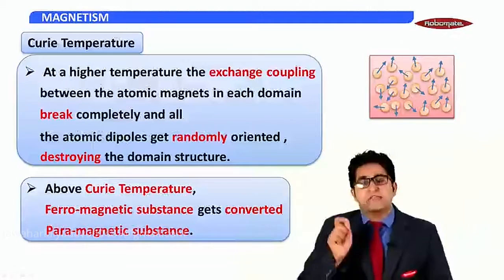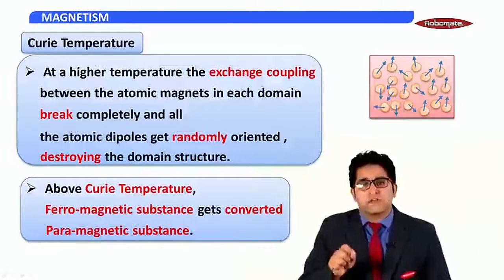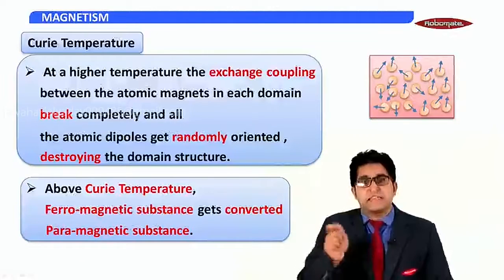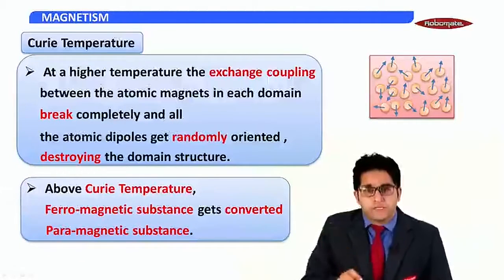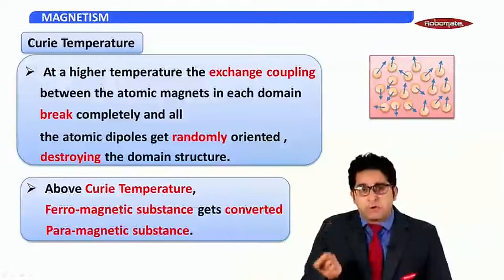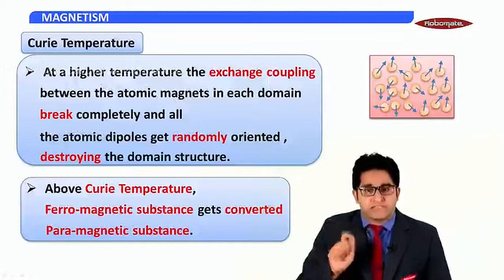Or I can say it will remain paramagnetic. So we have learned that whenever a ferromagnetic material is heated above Curie temperature, it will lose its domain structure, and after losing its domain structure, it will get converted to a paramagnetic substance.